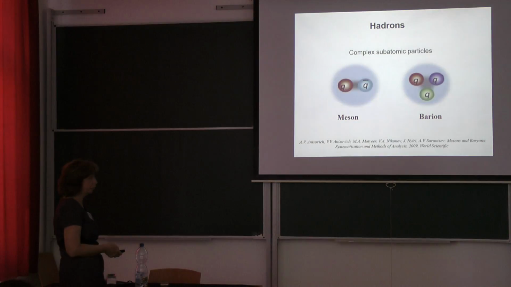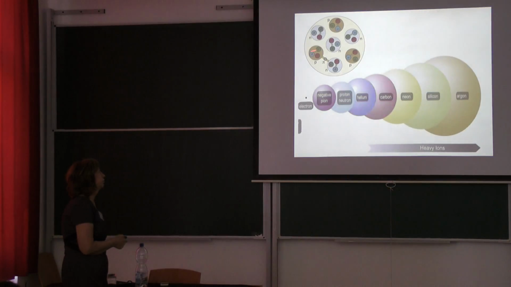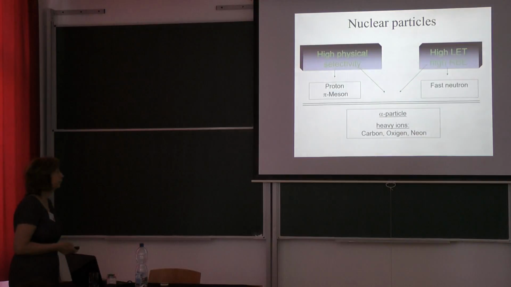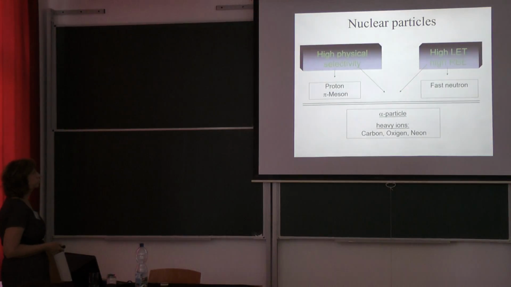For example, neutrons and protons are baryons composed of quarks, up and down quarks: the proton is 1 down and 2 up quarks, and the neutron is 2 up and 1 down quark, and a meson is made from 2 quarks. This is the list of different ions, different nuclear particles, which we can consider as hadron therapy recently, but you will see that only some of them are really used.